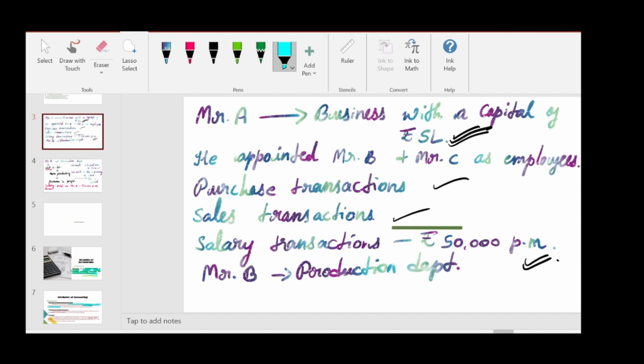Now the second one is to measure. Writing 50,000 or 3,000 or 2,000, they are just numbers unless we write some measurement unit behind it. So what is the common measurement unit in accounts?